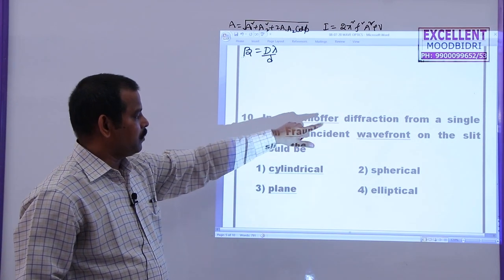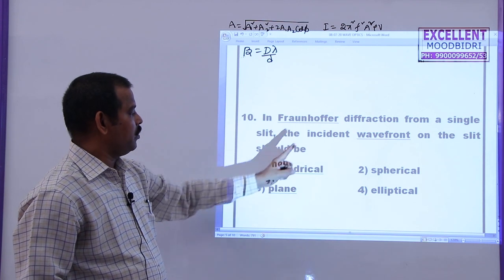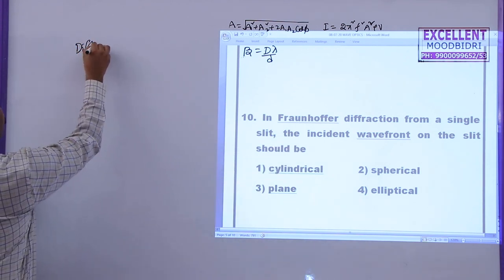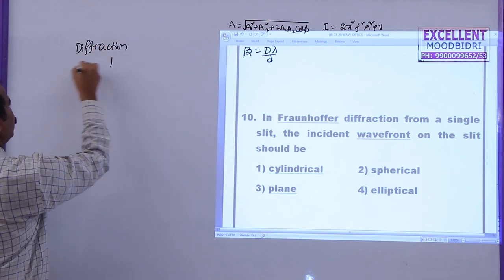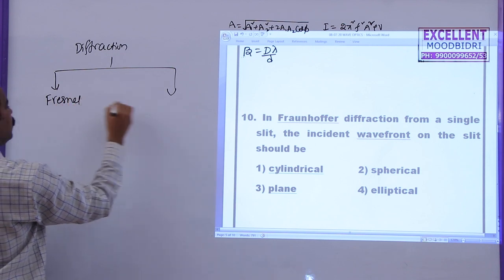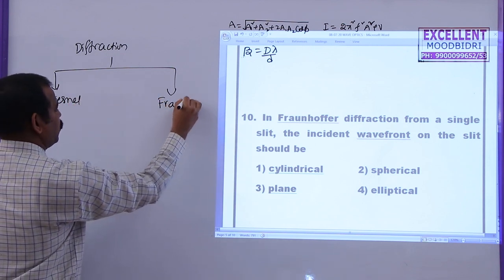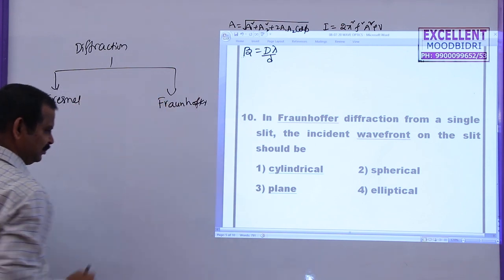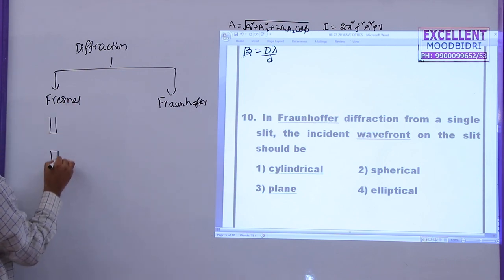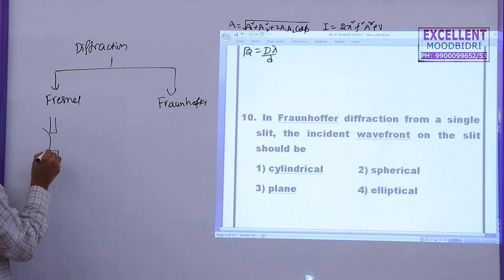In Fraunhofer diffraction from a single slit, the incident wavefront on the slit should be? Here, diffraction can be divided into two types. One is Fresnel type, one is Fraunhofer diffraction. In Fresnel diffraction, remember, on the slit a spherical wavefront will be incident.